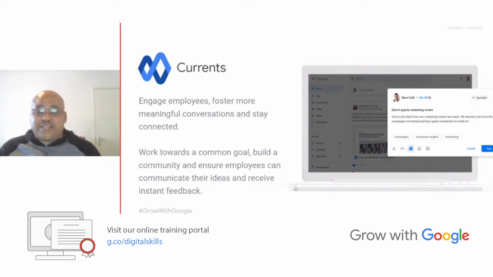Even remote workers and deskless colleagues can stay plugged into the latest company updates and conversations with powerful Android and iOS apps. You can discuss key topics with employees across your organization via posts and comments that stay accessible on Currents so that you can refer back to them over time.